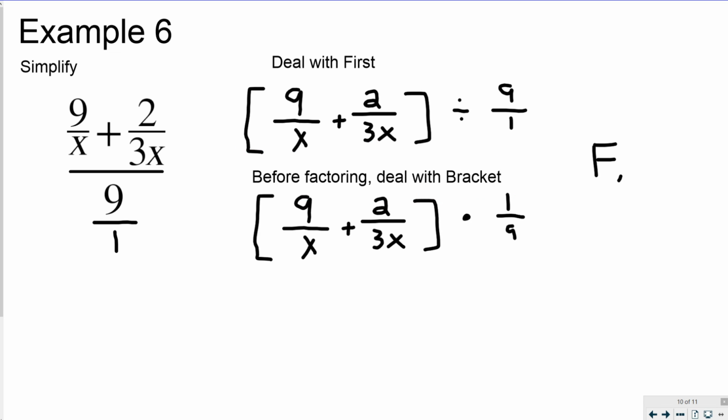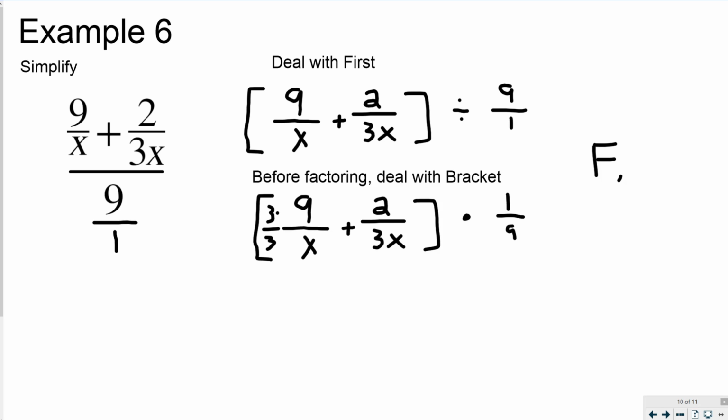So what we are going to do is create a common denominator between x and 3x. Well, usually our go-to thing is multiply by the denominator of the other. In this case, we don't need to. x can be made into 3x by multiplying by 3. So we're just going to multiply this times 3 over 3.